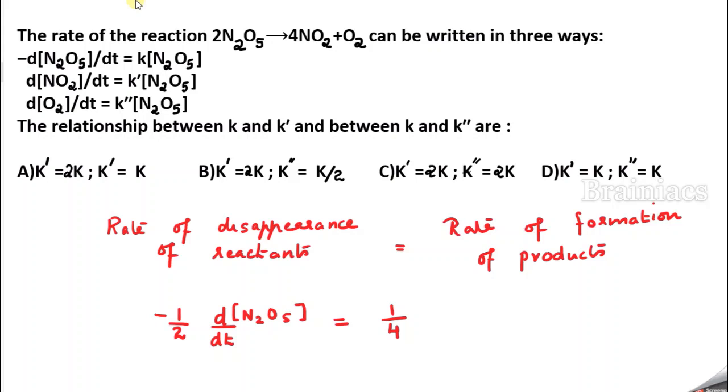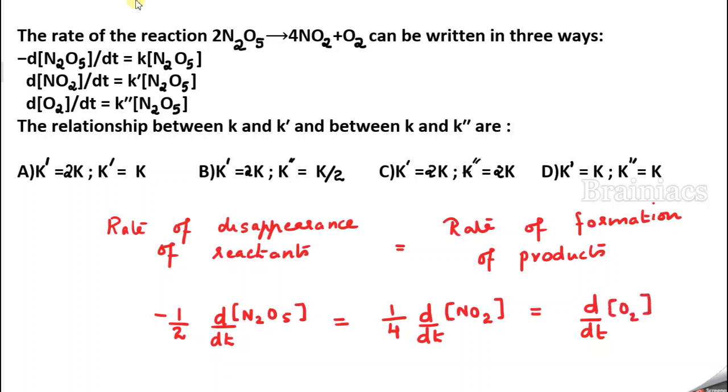You need to take the coefficient of NO2 and keep it in the denominator. I have taught you. Okay. d/dt, this will become positive. Why? Because the products are always forming, so it is represented by a positive symbol. d/dt of NO2, correct? Which is equal to, we know that formation of two products are there, so d/dt of O2, correct?